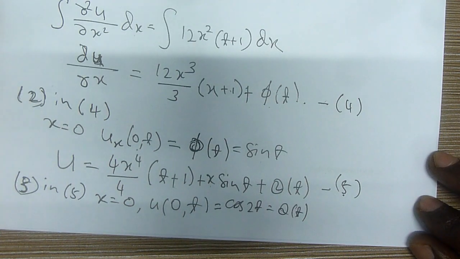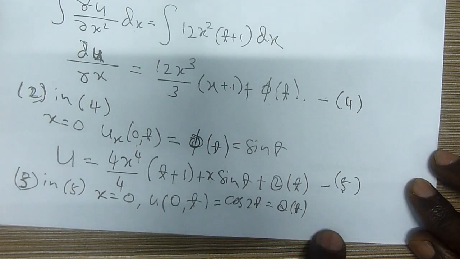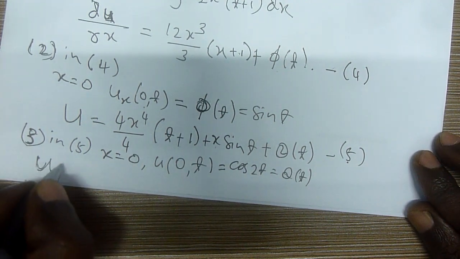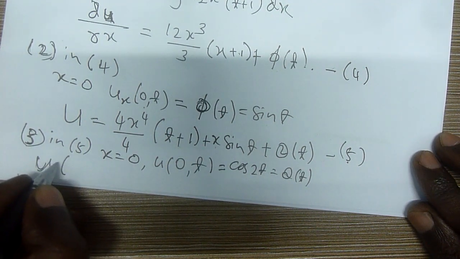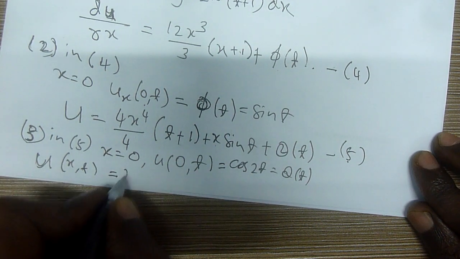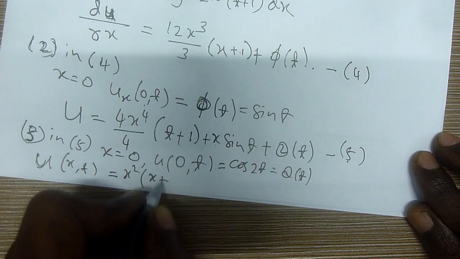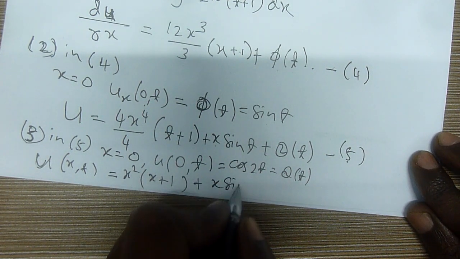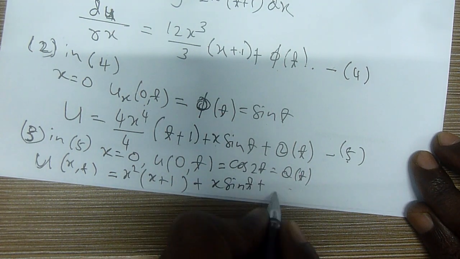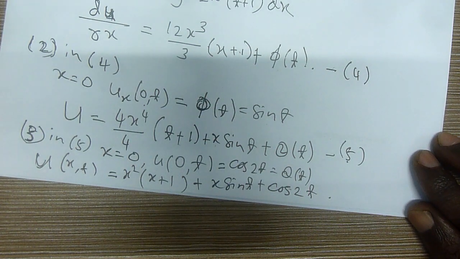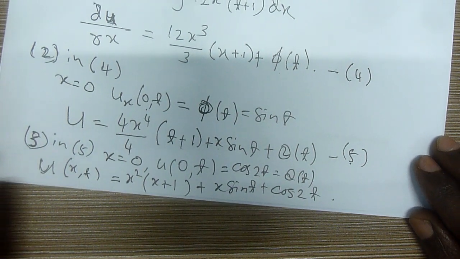As a complete solution, I can write u(x,t) equals x^2/2 plus x plus 1, plus x sin t plus cos 2t. This is the solution for direct integration.